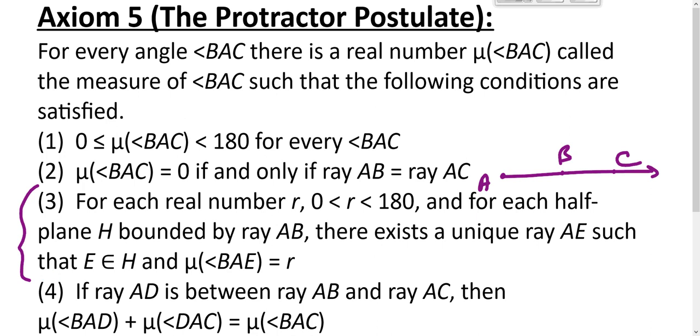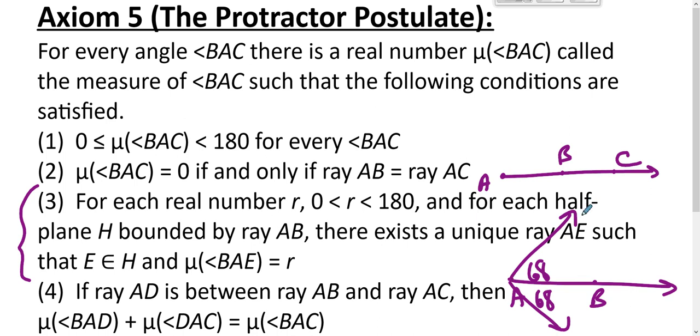Great. What does that mean? That means here's ray AB. In this half plane, I can make a 68-degree angle, and in this half plane, I can make a 68-degree angle. That's what the protractor postulate says. I can take my protractor, stick it here, and whoosh, right up there.